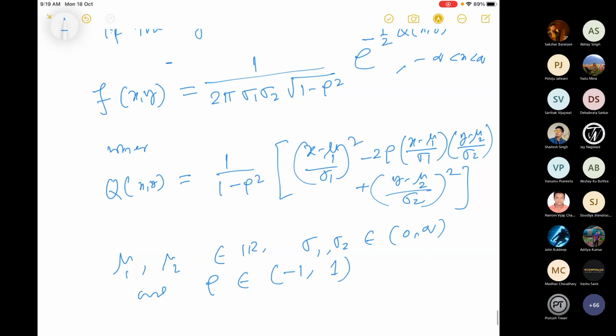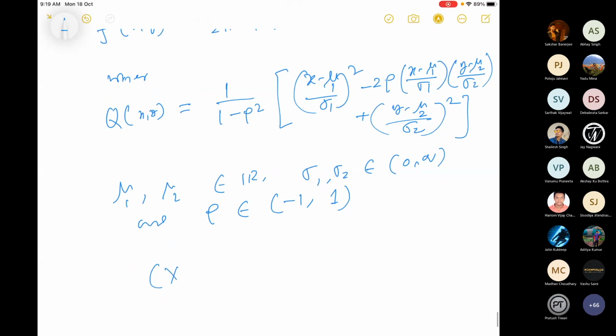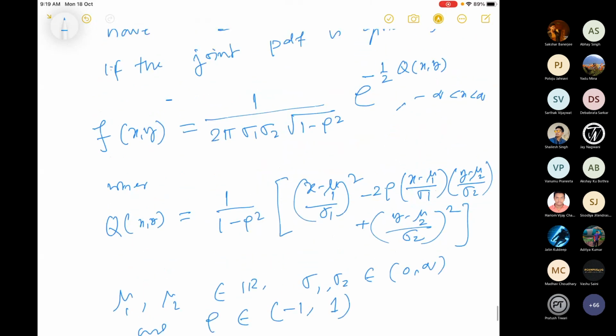But here you can treat rho as a parameter. So this is the expression for the joint PDF of the bivariate normal. Here you see sigma 1, sigma 2 in this part. For the single variable case, we had square root of 2 pi sigma, and e to the power minus half of x minus mu by sigma whole square.